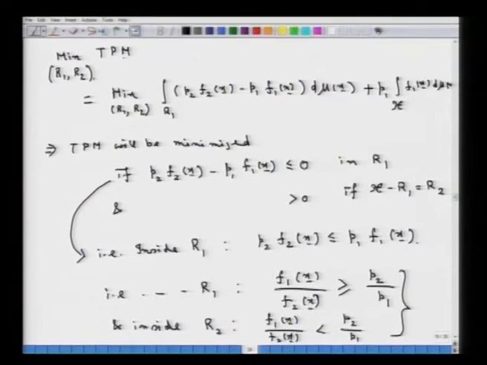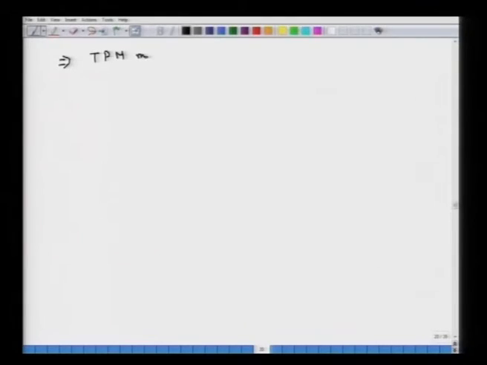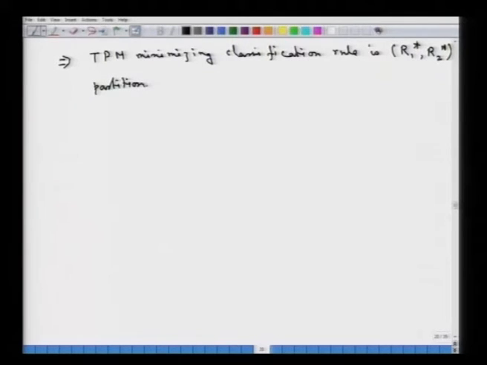So, this would imply that the TPM minimizing classification rule is, say I write it as R1 star, R2 star partition, such that we have in R1 star.